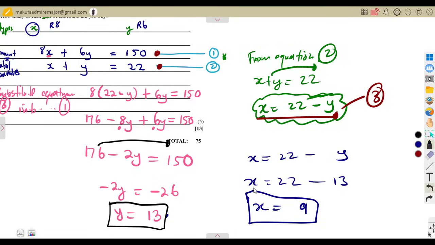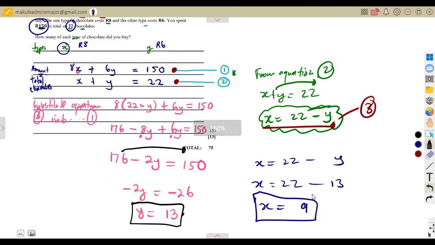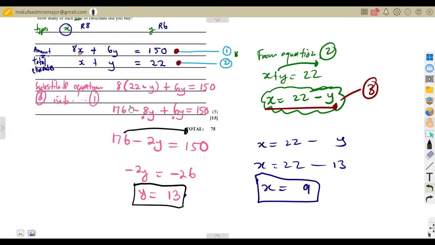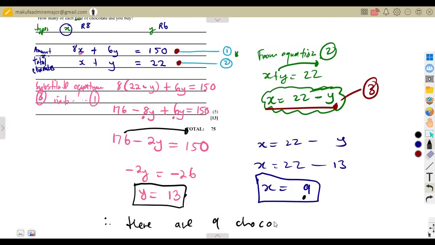So if X is 9 and Y is 13, it means how many chocolates cost 8 rand? Remember, X is those ones that cost 8 rand. So therefore, there are going to be 9 chocolates for the amount that you are given for 8 rand.